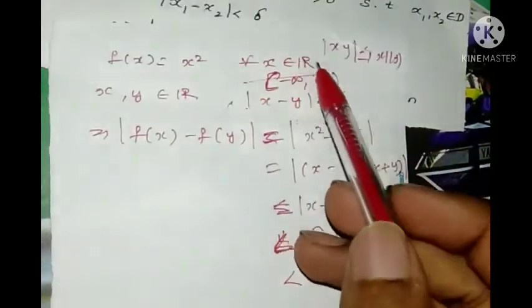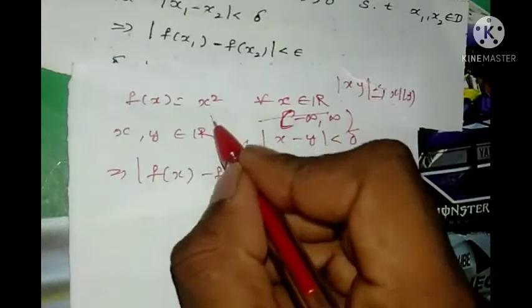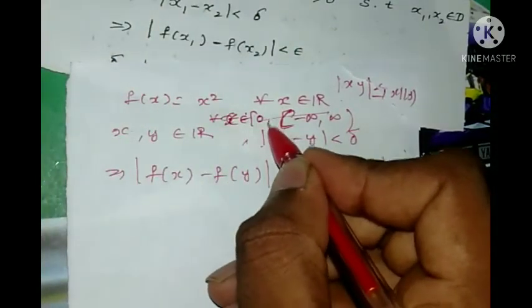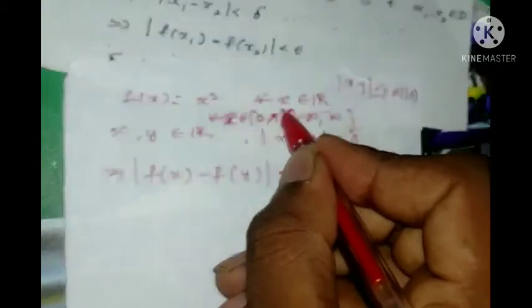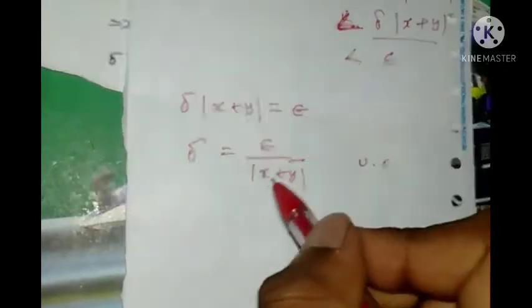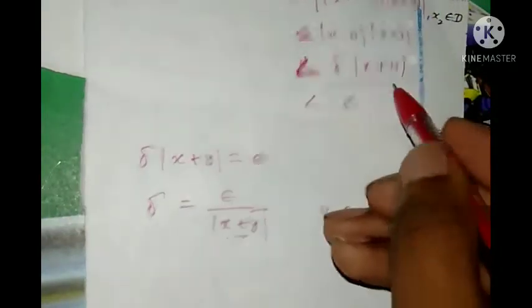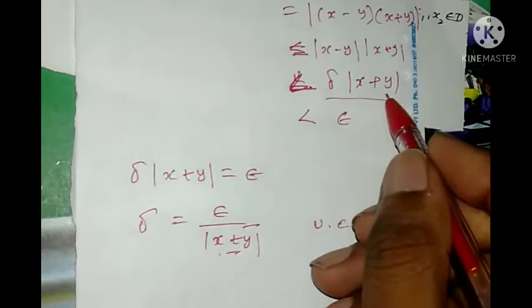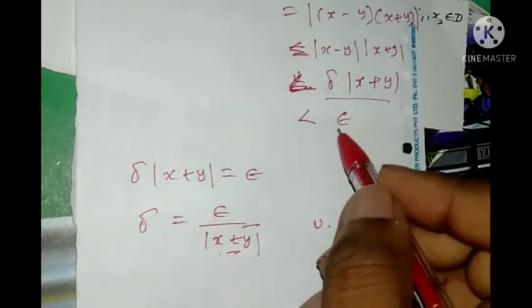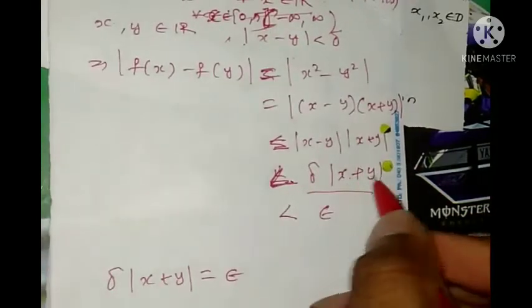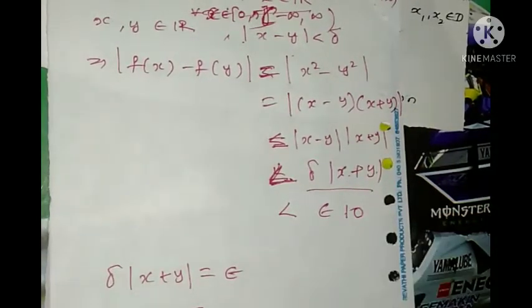Okay, now we change the domain. Suppose we take the domain as the closed interval 0 to 5. Then the domain is changed. If we take x equal to 5 and y equal to 5, then x plus y is 5 plus 5, which is 10.